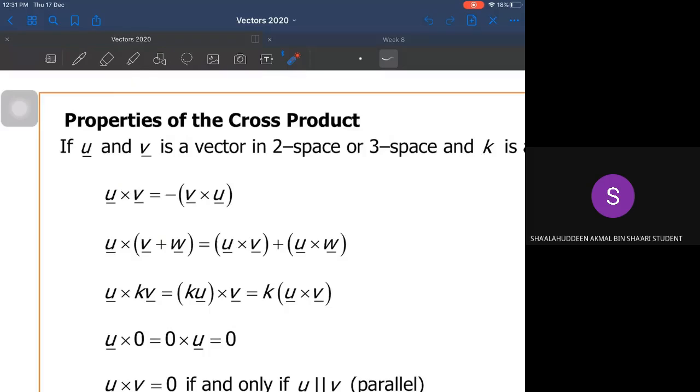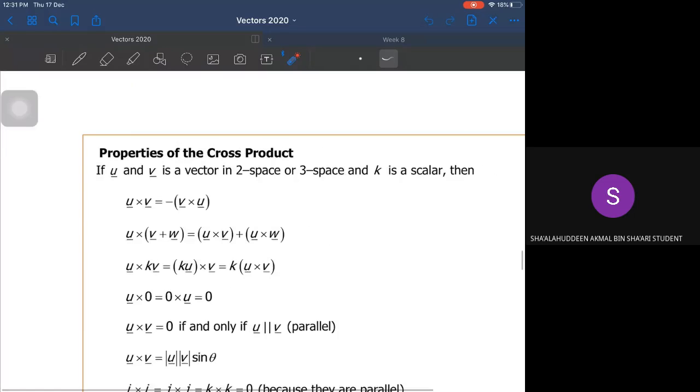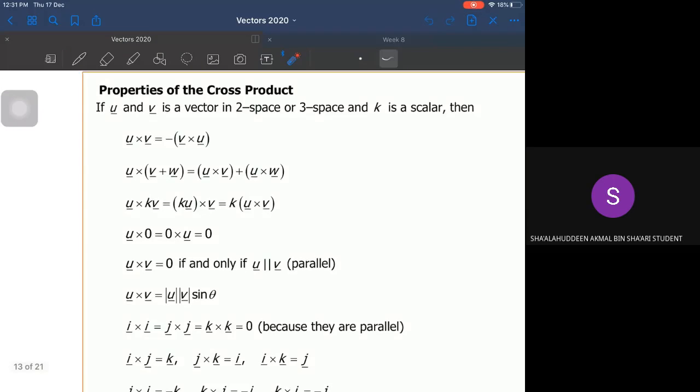So for the properties of cross product, selalunya kalau soalan nak tanya pun, dia akan tanya yang ni je. Kalau you ingat dekat dot product, apa yang menjadikan dot product between two vector tu kosong? Apa keadaan yang menyebabkan dot product between two vector is equals to 0?